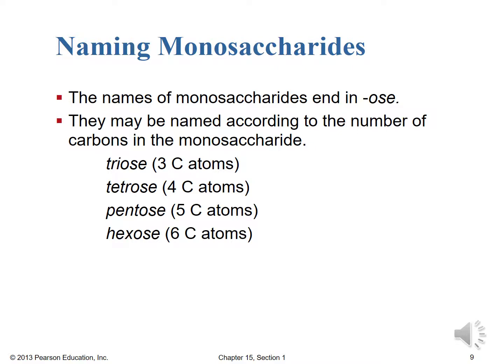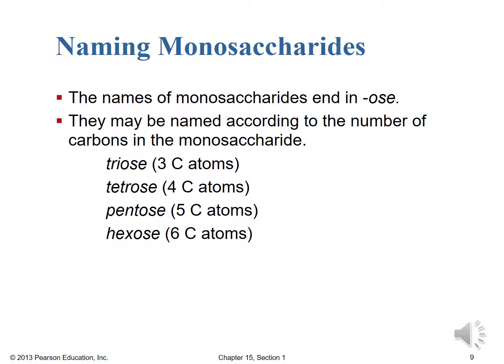Hopefully you caught on to this ose ending that both the aldose and the ketose had on the previous slide, erythrose or erythrulose. There's the common naming convention that they end in OSE, and they can be named according to the number of carbons as well. So we can have a triose, which would have 3 carbon atoms total.